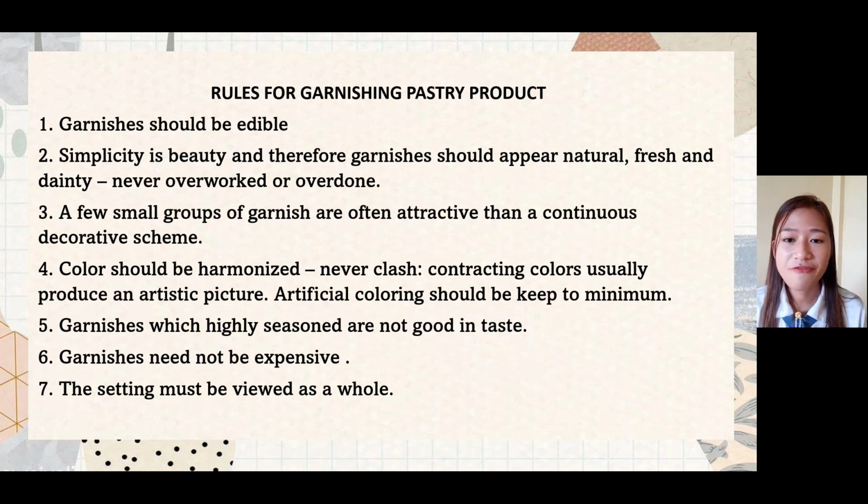Number four, colors should be harmonized, never clash. Contrasting colors usually produce an artistic picture. Artificial coloring should be kept to a minimum. This is very important. All colors must be balanced. For example, it is not good for a whole cake to be all black.